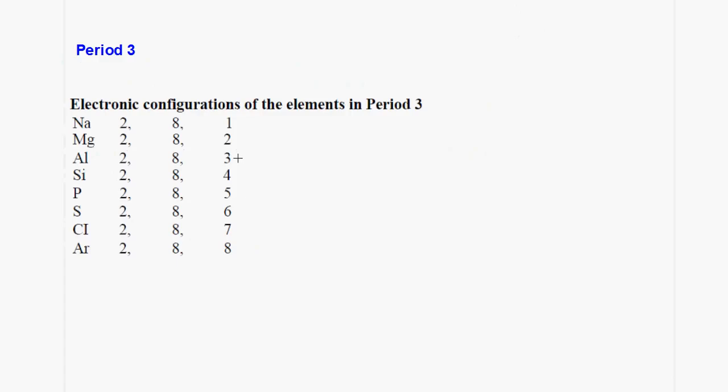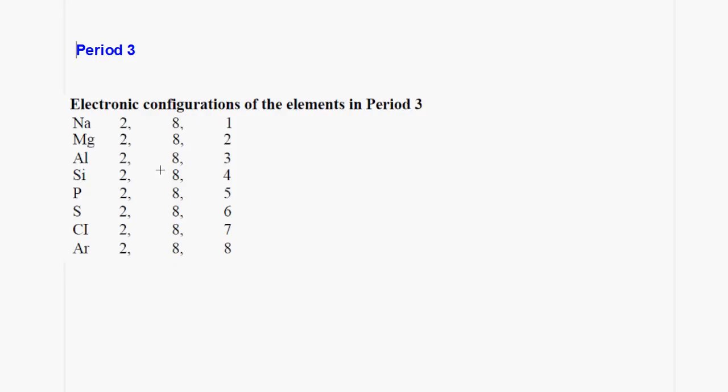Now we need to look at period 3. And remember, the periods are the lists of elements that go horizontally. So in period 3 we have sodium, magnesium, aluminium, silicon, phosphorus, sulfur, chlorine, and argon.